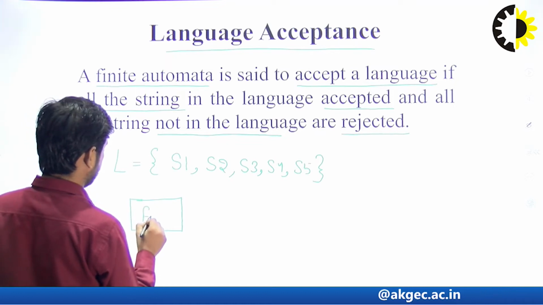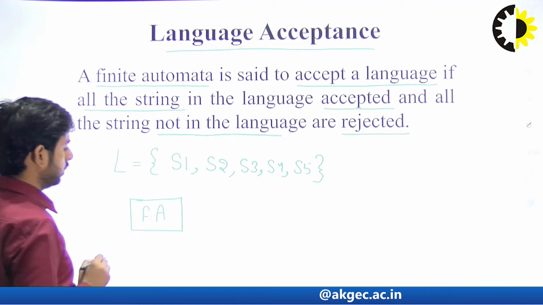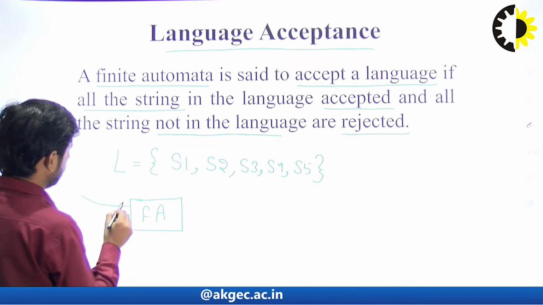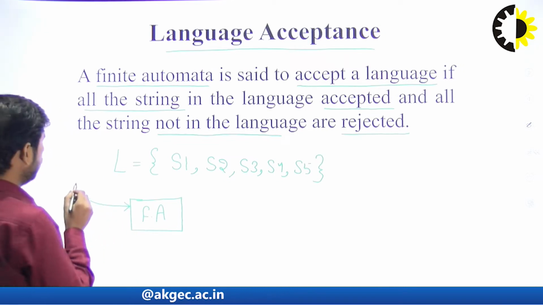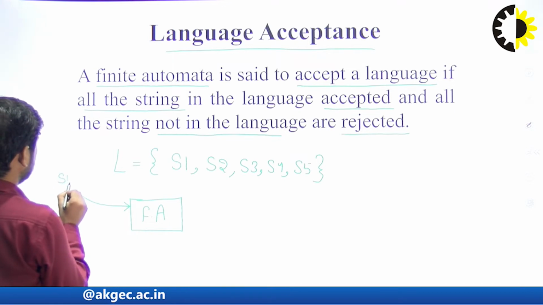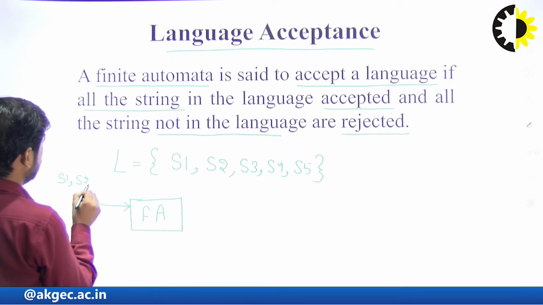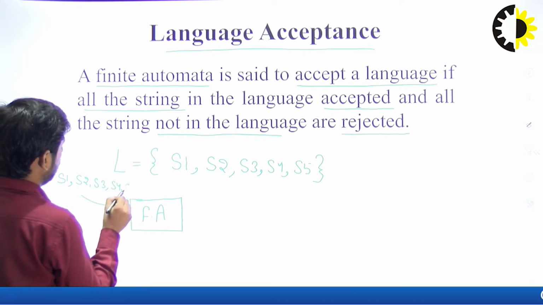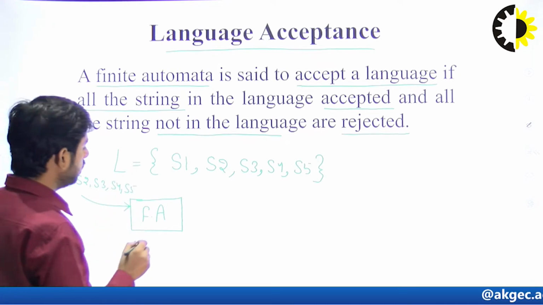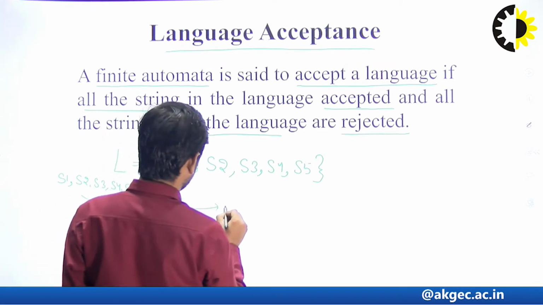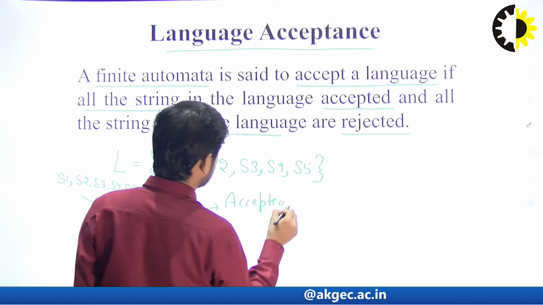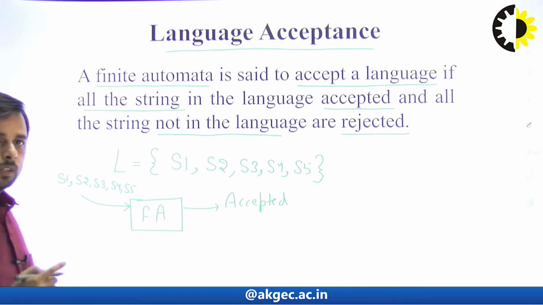This finite automata upon scanning S1, S2, S3, S4 and S5, all these strings are accepted, because all the strings must be accepted.